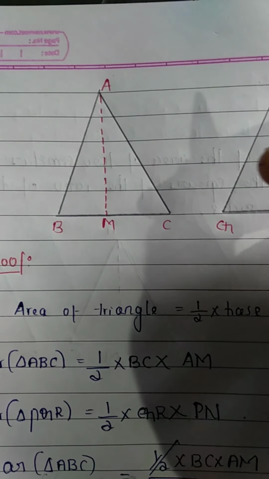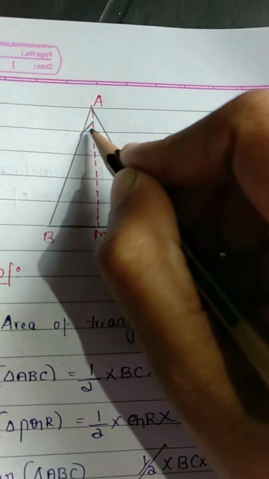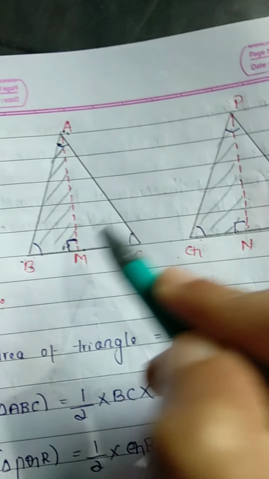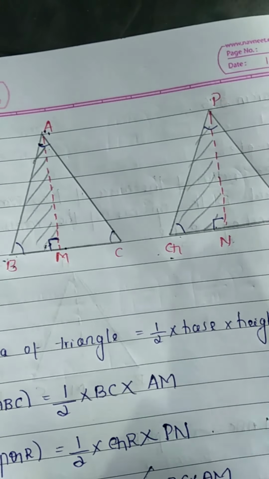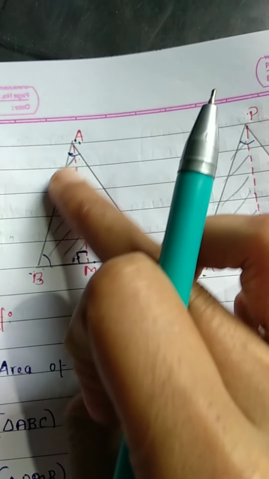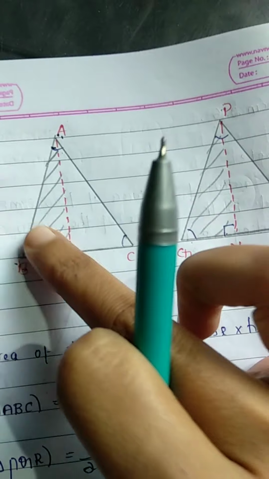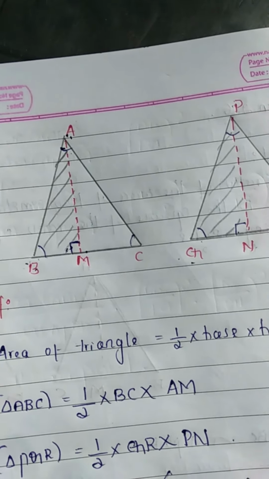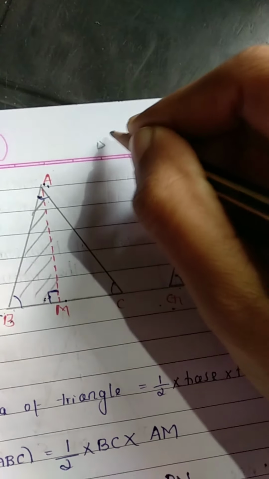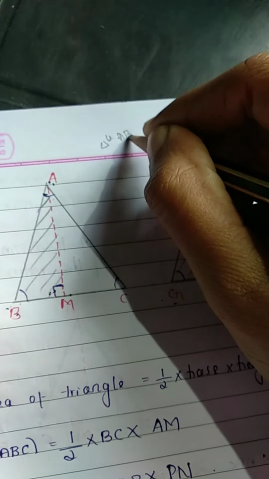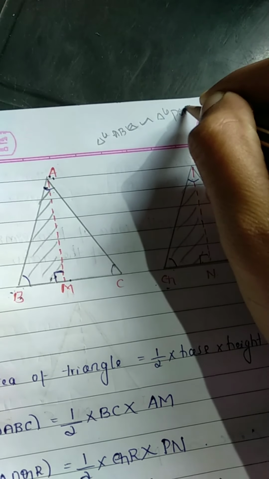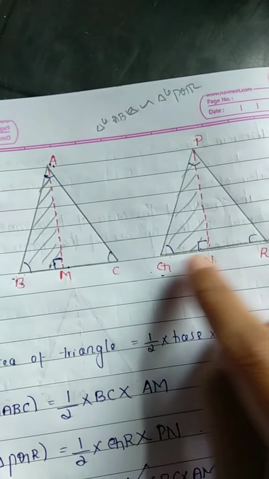After that, consider triangle ABM and triangle PQN, the two shaded triangles. What is given? Given that triangle ABC is similar to triangle PQR.